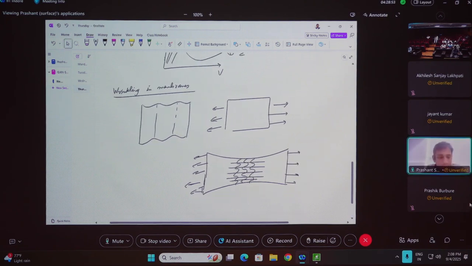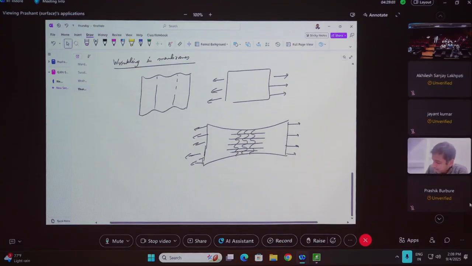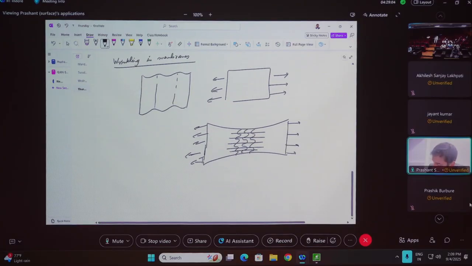And this also happens in the toroidal problem, because when you stretch the torus, when you inflate the torus, the inner walls start getting compressive stresses, and they start getting these wrinkles. So essentially what we want to do is find a way to model wrinkles in membranes.